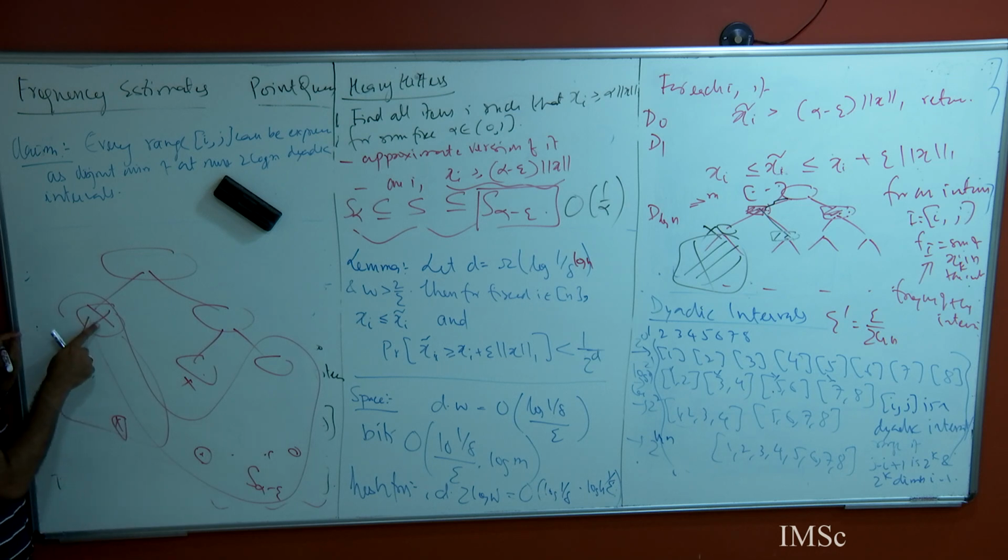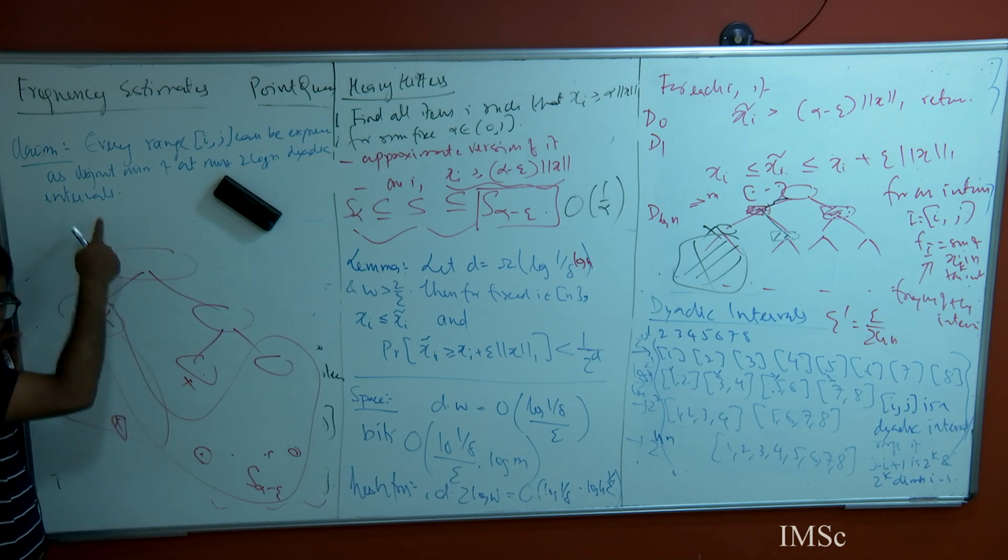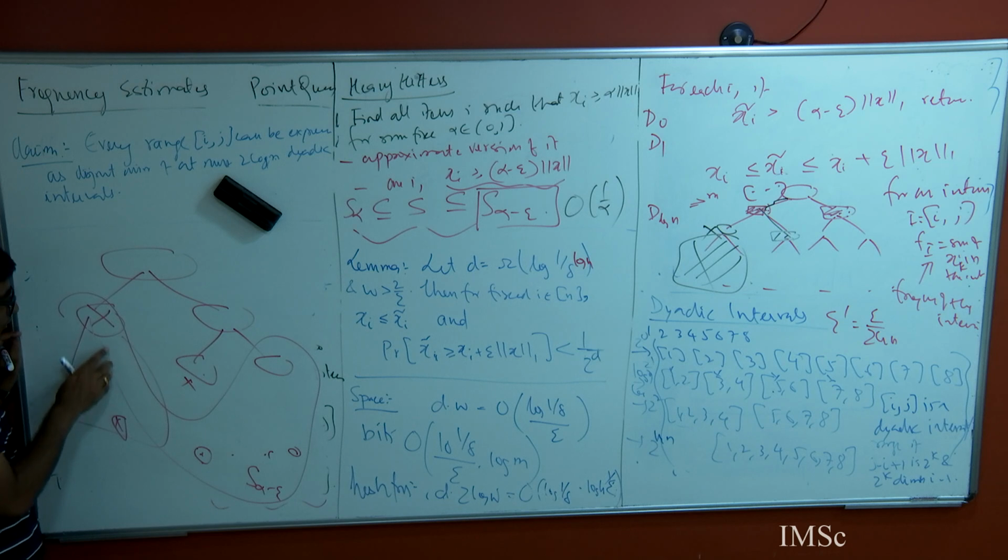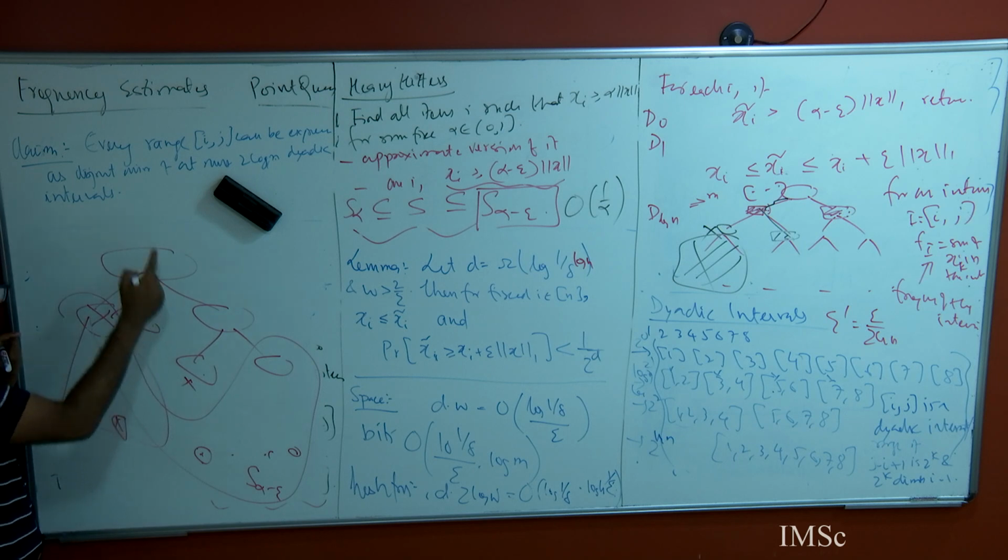But for each of these, you can charge to one of these nodes. For each leaf, charge it to its parent. No parent will be charged more than once, because every parent has just two leaves. So maybe two times. Every parent will be charged two times in this tree. That's it.